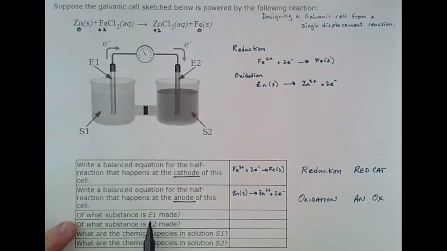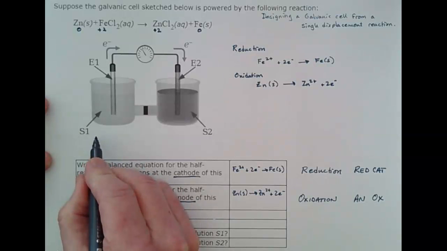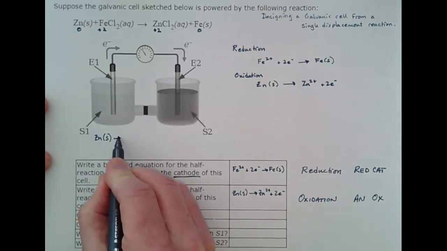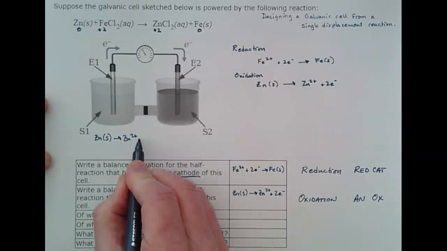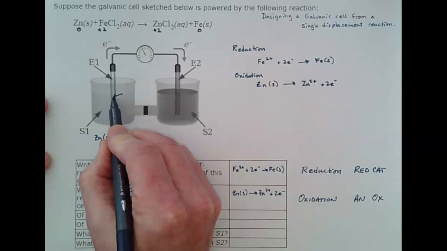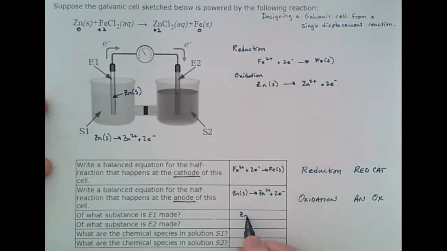All right, so what substance is E1 made of? In E1, on the left-hand side of this cell, we've got the oxidation: zinc solid going to Zn2+ plus 2 electrons. So that means our solid electrode is zinc solid. What substance is E2 made of?